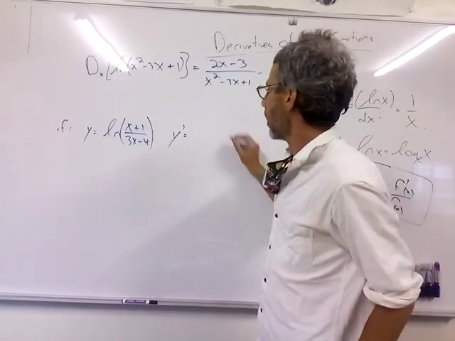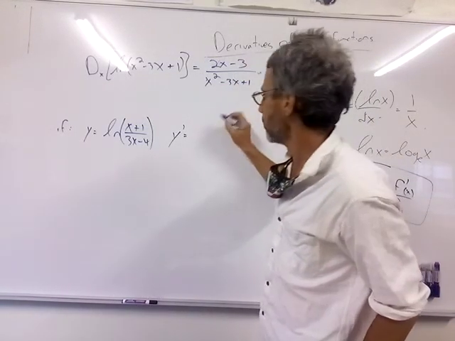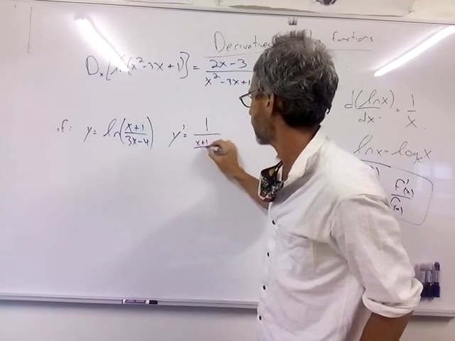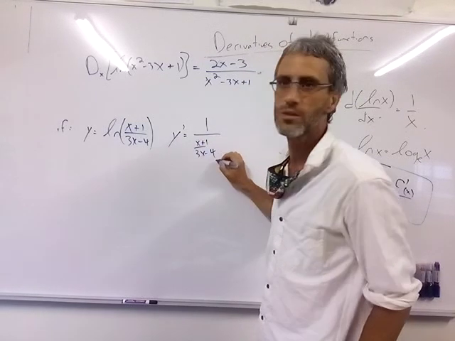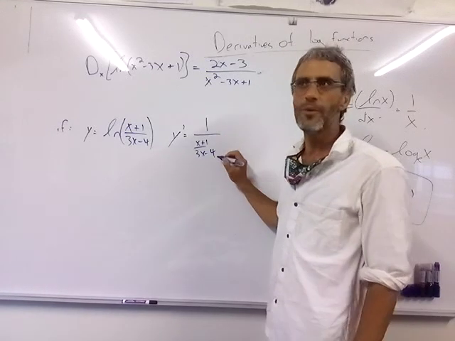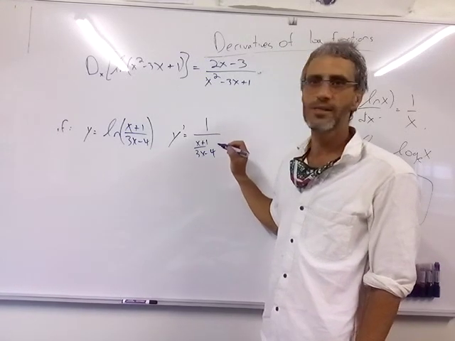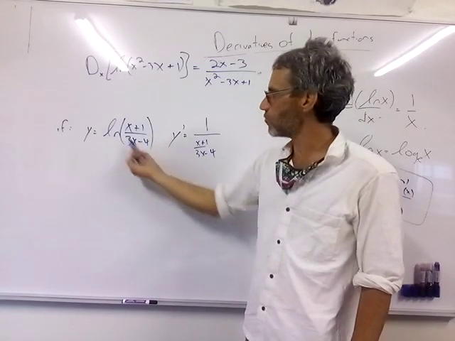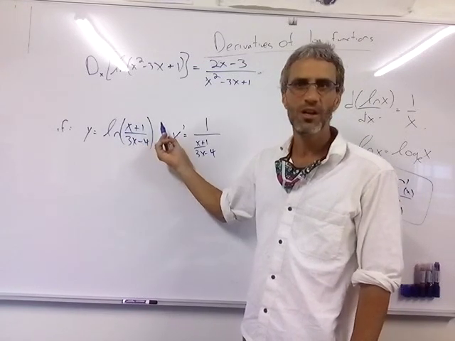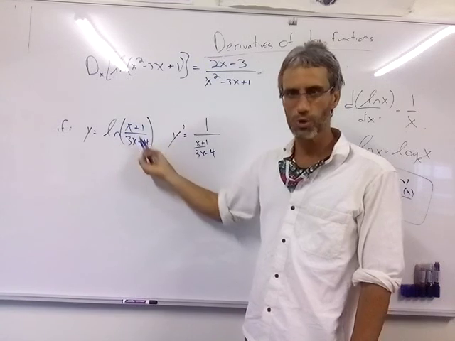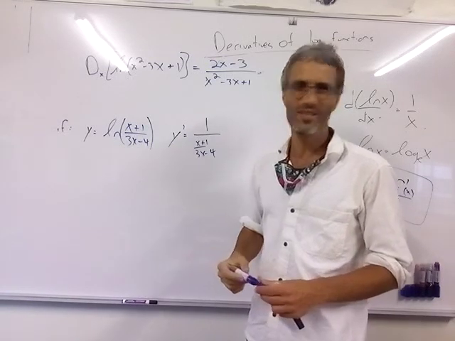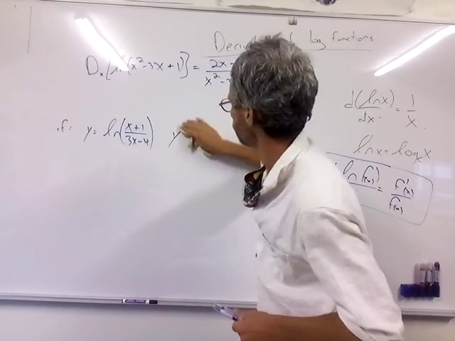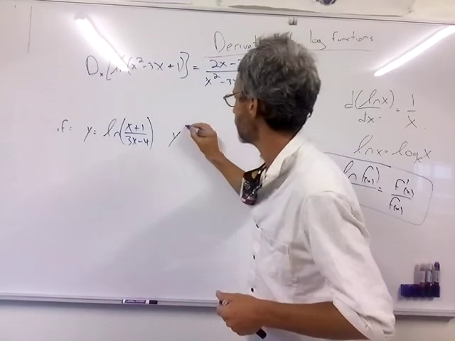One way of doing it, exactly as we do here, is to just do 1 divided by x plus 1 divided by 3x minus 4, but then I need to multiply it by the derivative. But the derivative of what? Of this fraction. So we have to use what we call the quotient rule, which is a nightmare. So let's not do it. I mean, it's not a nightmare, it's totally possible, but there's an easier way.